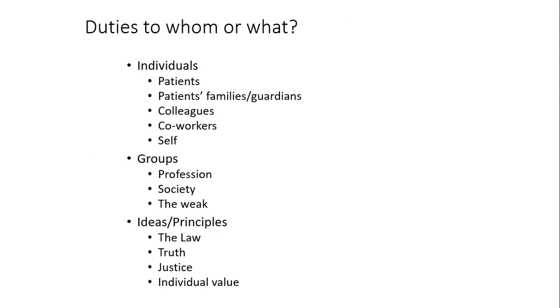So in terms of duties, to whom do you owe the duty and what? Duties may be owed to individuals, that is like patients, families or guardians, police, co-workers, and self. So the ethical issues may sometimes be towards individuals in any of these, or it may be to groups. You belong to a profession. So the ethical issue may relate to obligation you owe to the profession. Then we also have society.